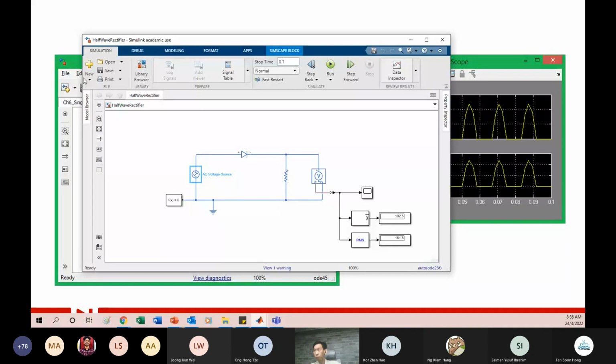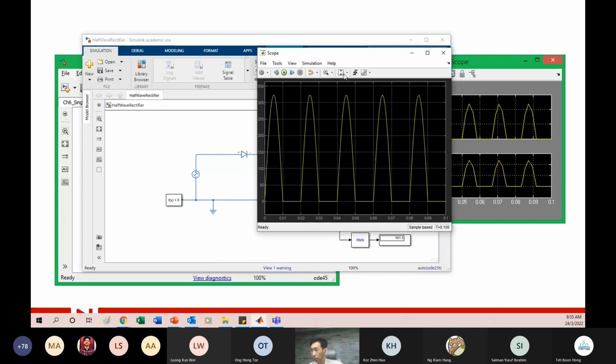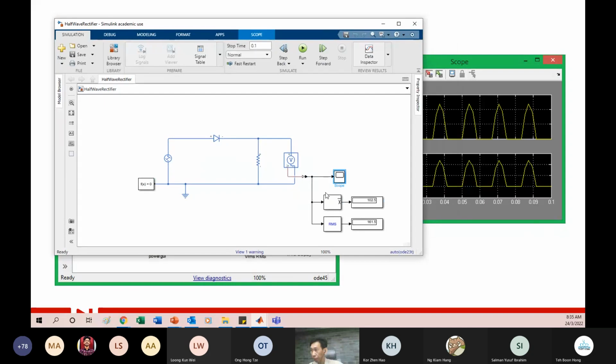Anyway, it should show the operation because I started to change to use this diode. In this case, I just measure the voltage. So you can see only half wave passes through, but most importantly is the equation.